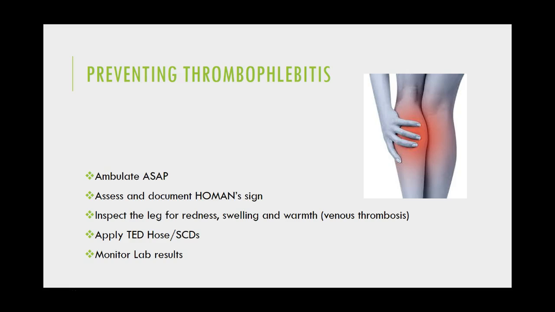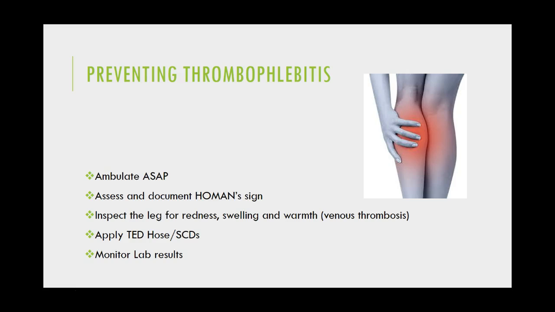How do we help prevent thrombophlebitis for these moms? The easiest and the most effective way for us to prevent thrombophlebitis in postpartum moms, and really for anybody, is to ambulate them as soon as possible after their vaginal delivery or as soon as possible after their C-section. We want them up and walking around.